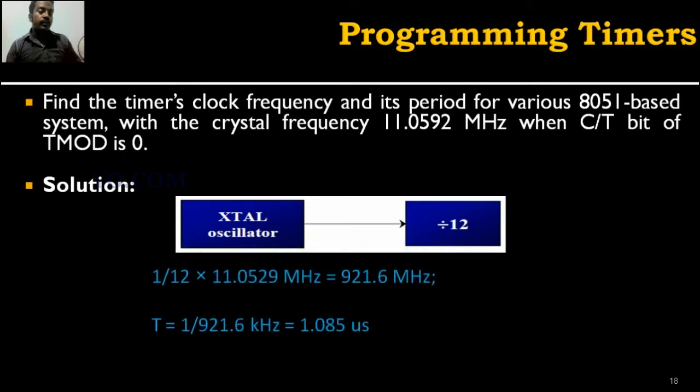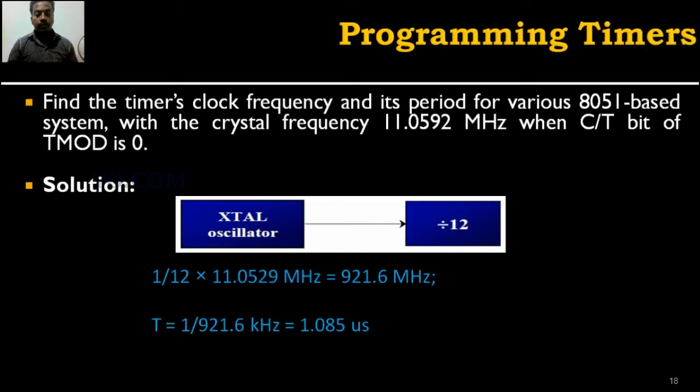So 1/12 times 11.0592 MHz equals 921.6 kHz. To convert the frequency to time, we take the inverse of that value, so T equals 1 divided by 921.6 kHz, which is 1.085 microseconds.